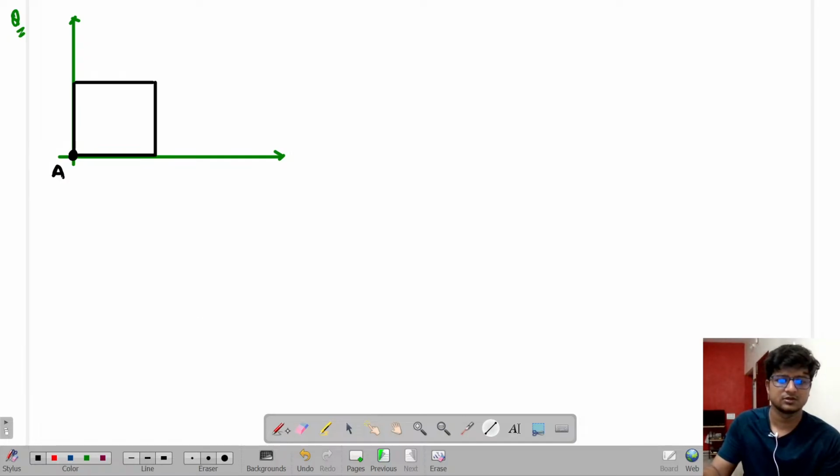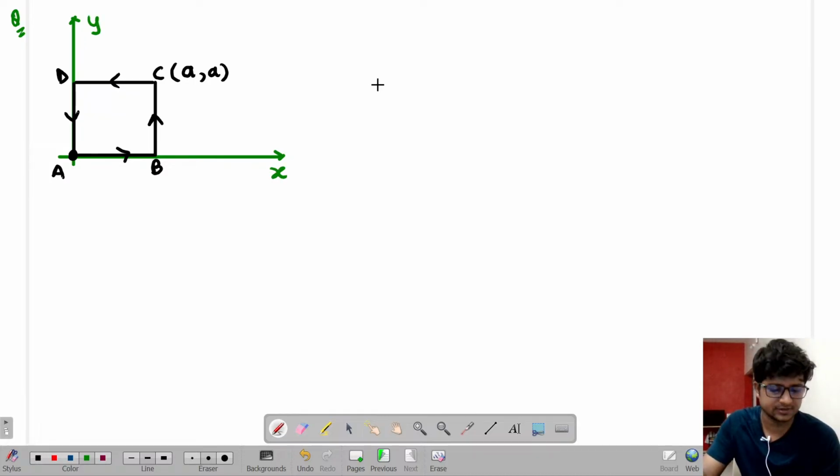This is B, this is C, and this is D. The particle goes like this: A to B, B to C, C to D, and D to A. And this is the x-axis, and this is the y-axis.